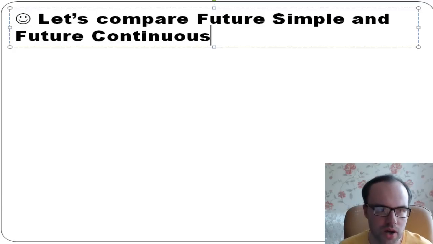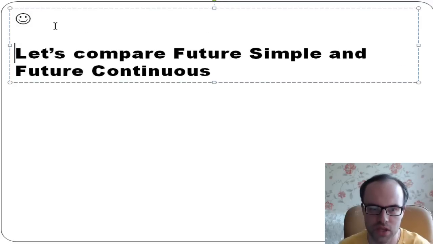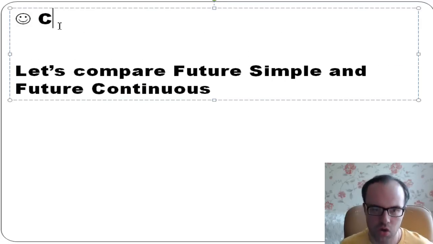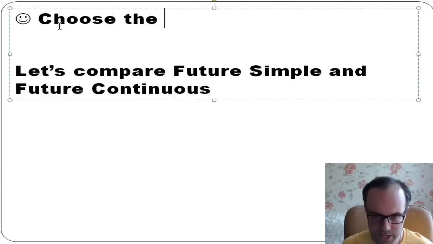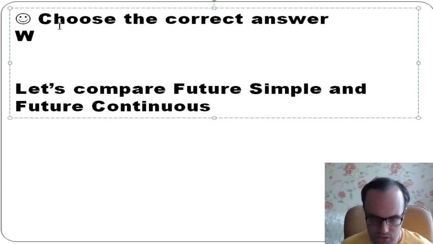Well, but before we do it, we need to do some exercises, yeah? So, please, on past simple or past continuous, because it's very important. So, choose the correct answer.